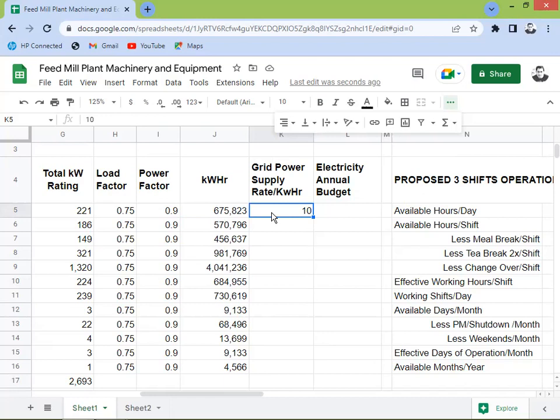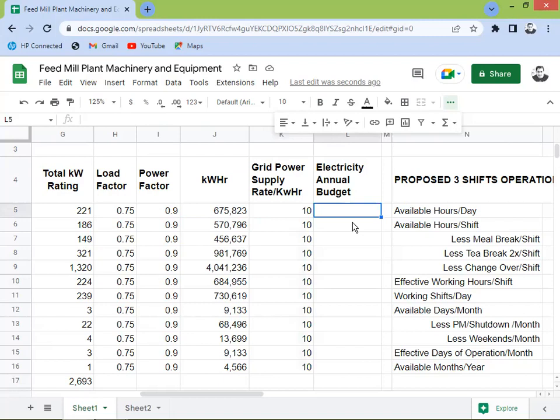So more expensive for business and less expensive for household consumption. But in the Philippines, if you are in India, you just change this to 8 rupees. I'm just going to use the 10 all the way down also. 10 rupees, rather pesos.